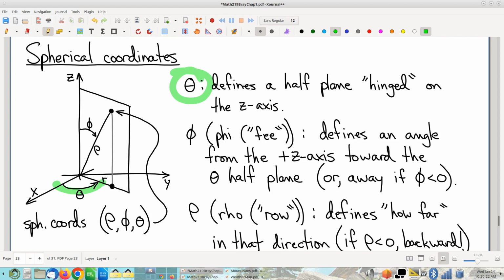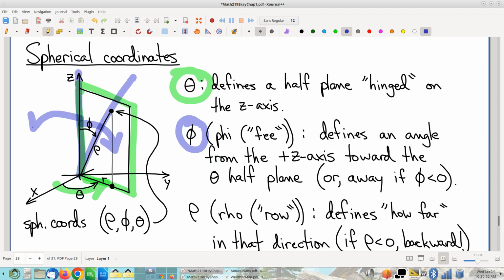Theta tells you, in some sense, how far to rotate counterclockwise, as seen from above, from the positive part of the x-axis, and that defines what I like to call the theta half plane. Then from that, you can talk about this next coordinate called phi, which measures this angle with the positive being understood to be in the direction of the theta half plane.